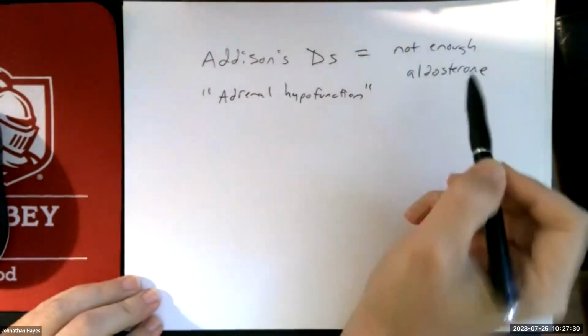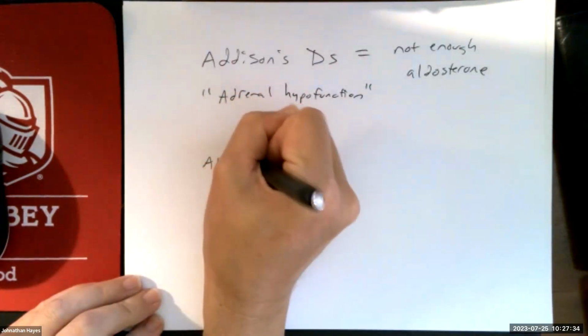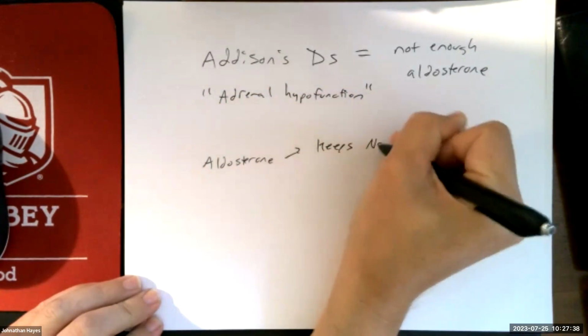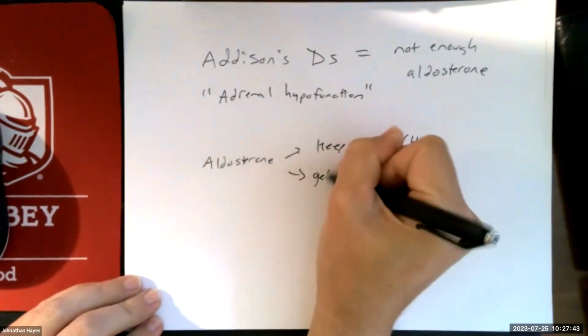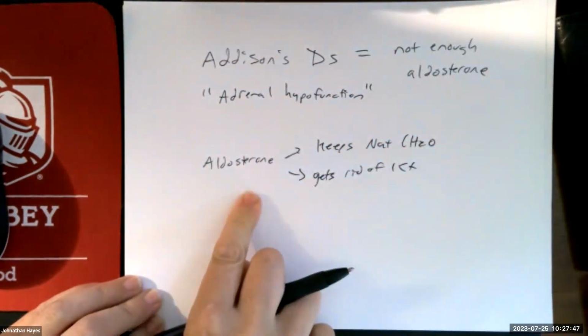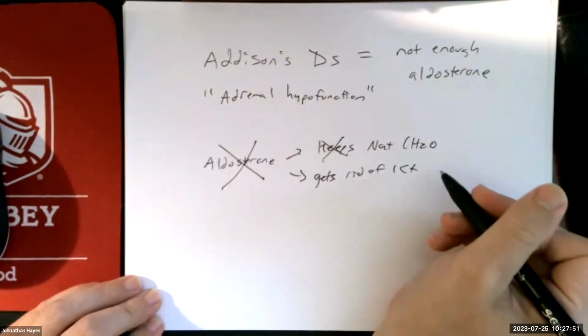So if I don't have enough aldosterone, what can I not do? Well, what does aldosterone do? Aldosterone keeps sodium, which will hold on to water, and it gets rid of potassium. But if I don't have enough aldosterone, then I can't keep sodium.